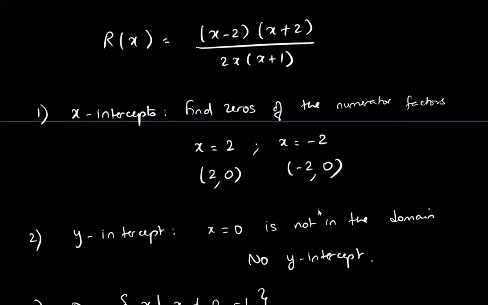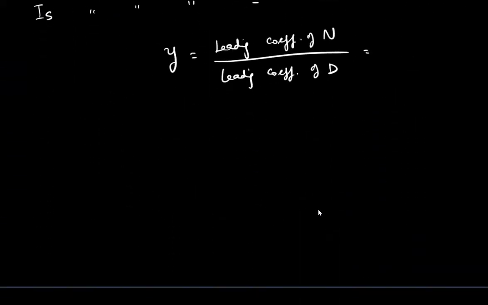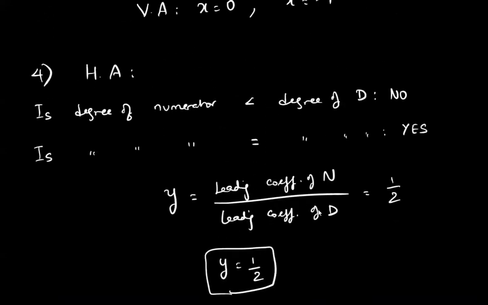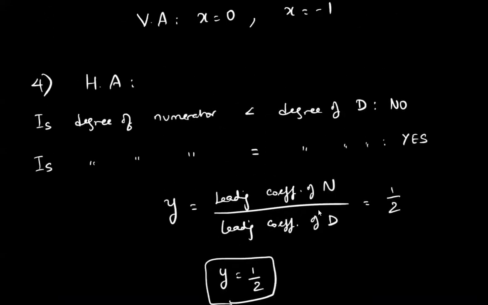So my horizontal asymptote is at y equals 1/2. Now, if you answered no to both of these questions, there is no horizontal asymptote.